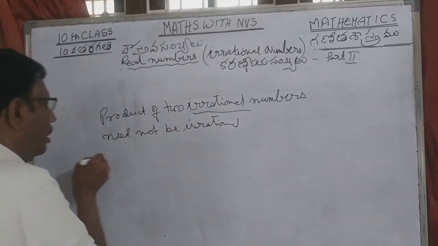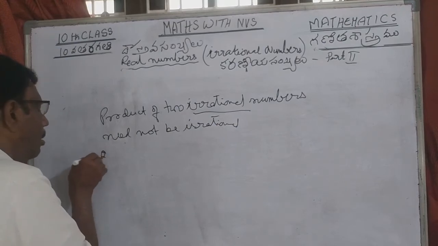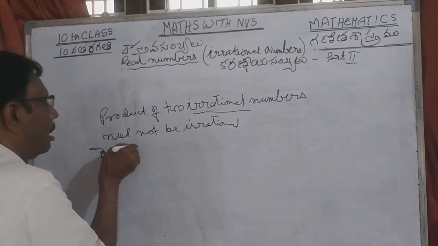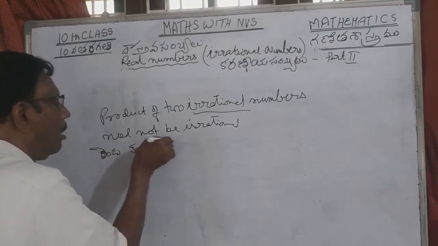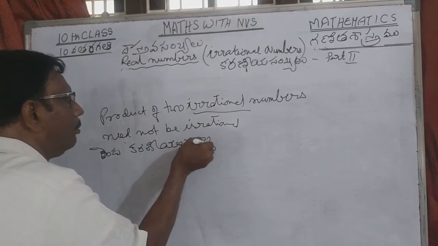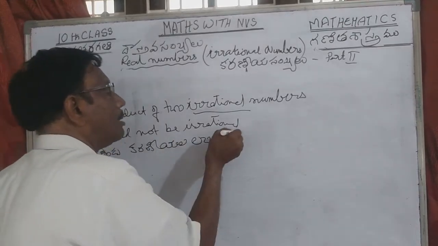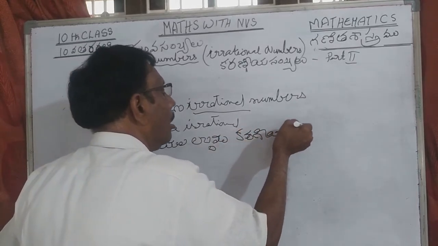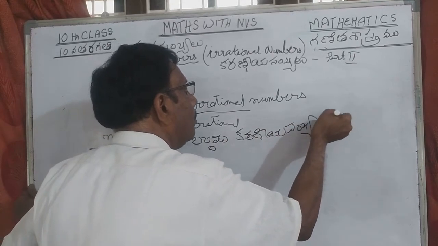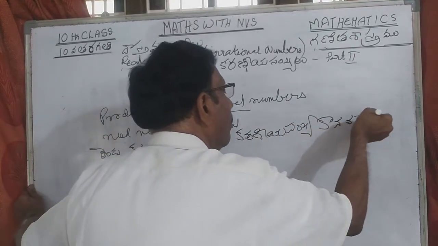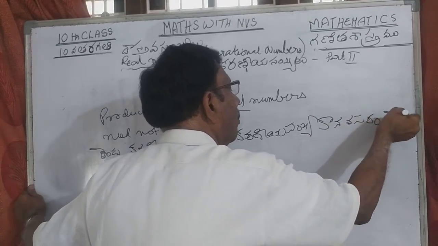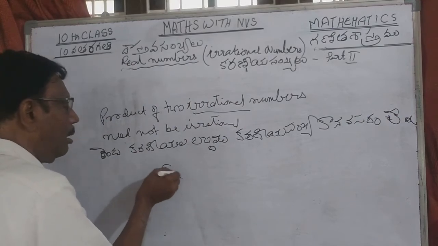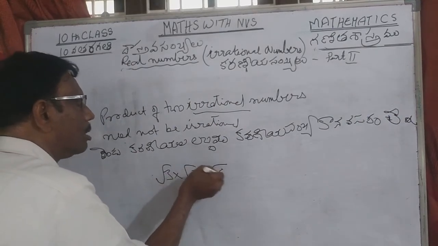రెండు కరణీయ సంఖ్యల లబ్ధము కరణీయ సంఖ్య కానవసరం లేదు. అంటే look here, suppose root 3 into root 2 is equal to root 6.